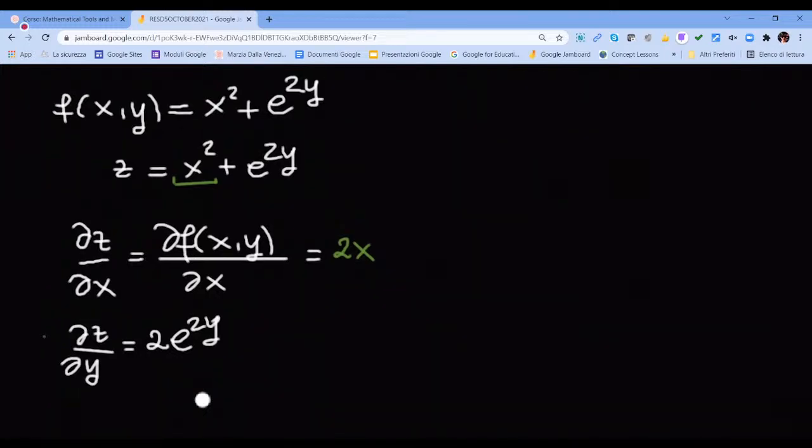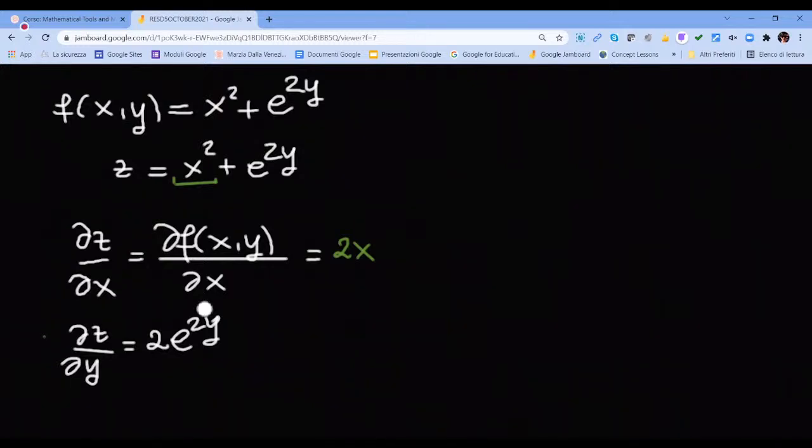The name of the vector that represents all the partial derivatives is gradient. So we can write this symbol. This is a nabla.